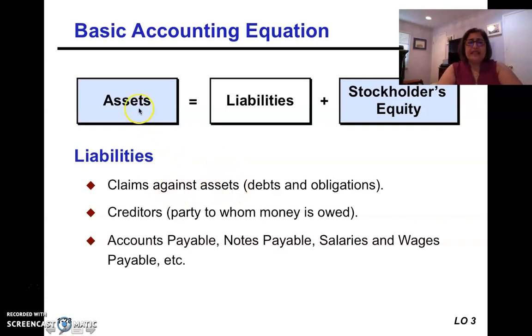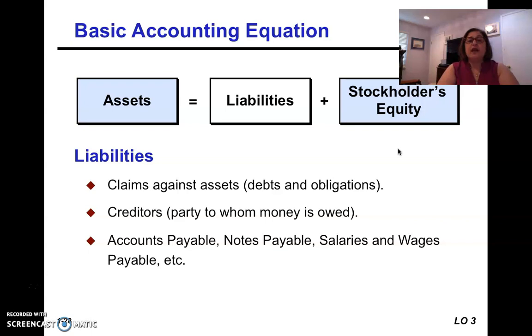So the assets of the company, basically the resources of the company, are either provided by the creditors, the people and entities that we owe money to, or provided by the owners of the company. And remember, in accounting 10 we're going to discuss a corporation's accounting.